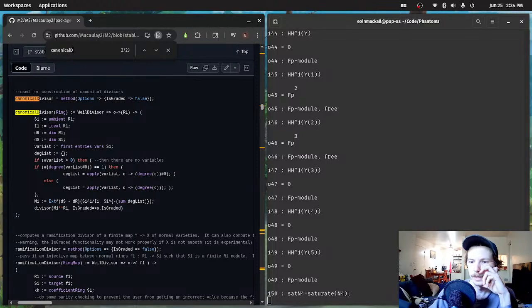So it just constructs it as an X of the appropriate codimension. S1 to the 1 mod I1. I'm not sure how this flag is operating. So if the method is set to false by default, then it does this. And then I don't know what this means.